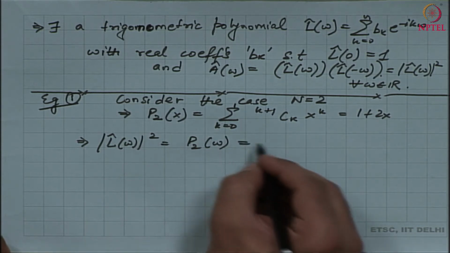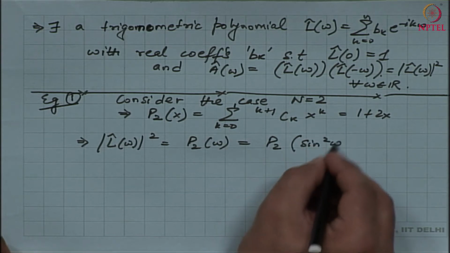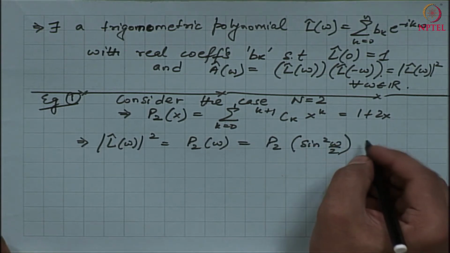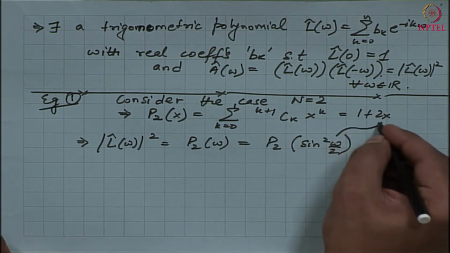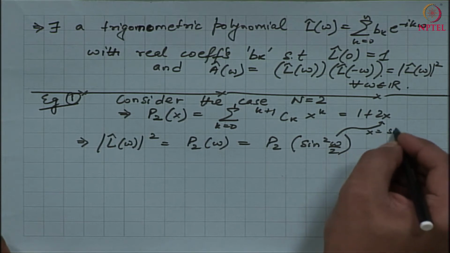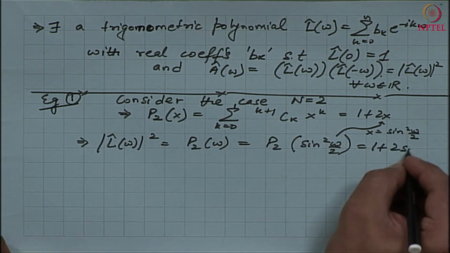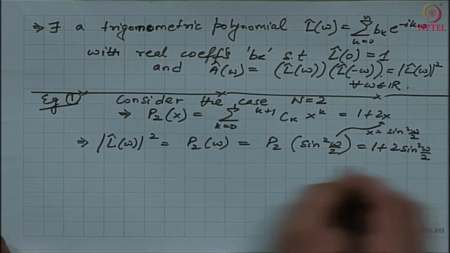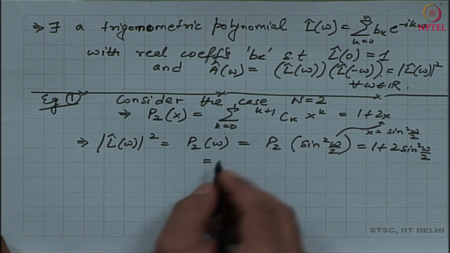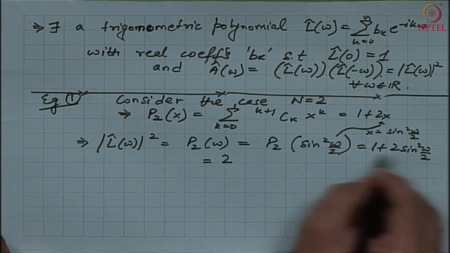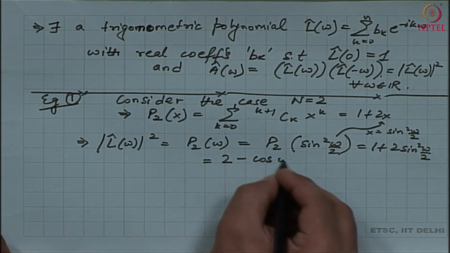Notice that P2 of omega is P2 of sine square omega by 2, so x is sine square omega by 2. So, P2 of omega is 1 plus 2 times sine square omega by 2. Okay. So, what I have is that I can rewrite my P2 of omega, let me rewrite this expression, this is going to be 2 minus cos omega.